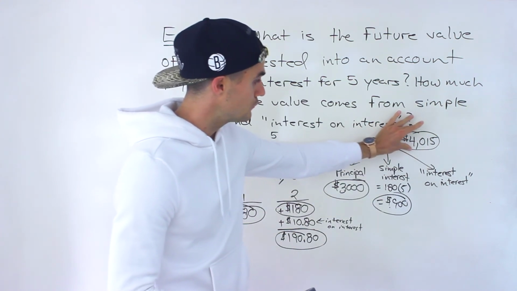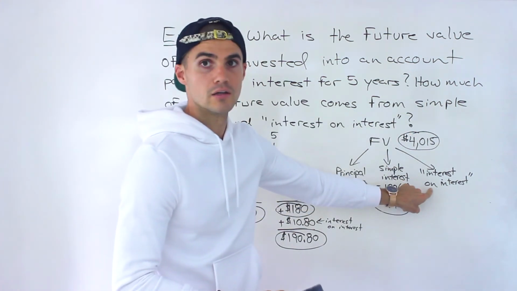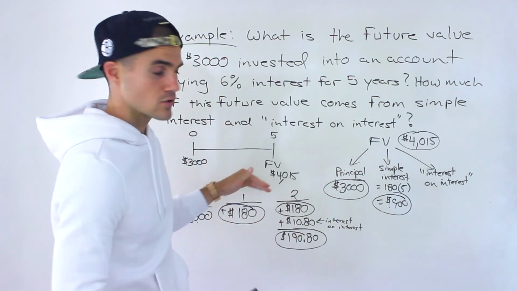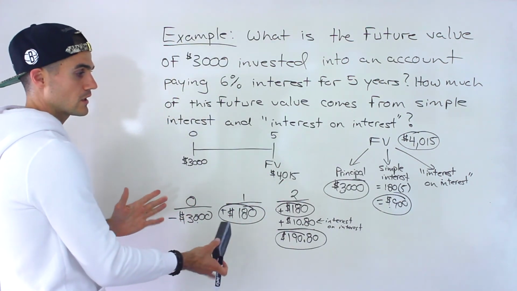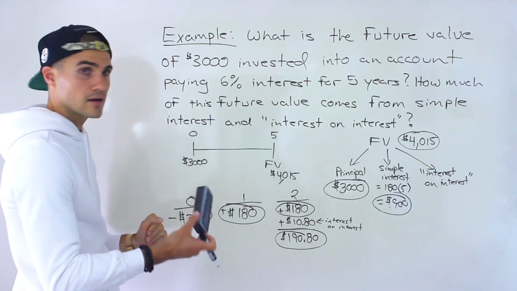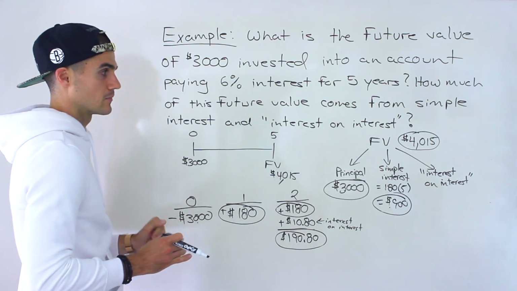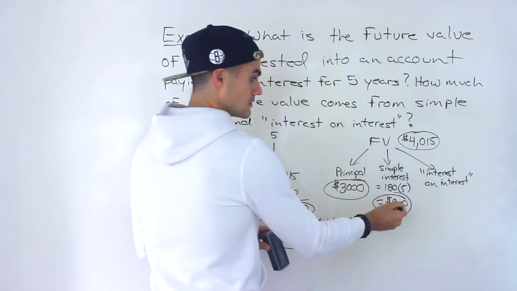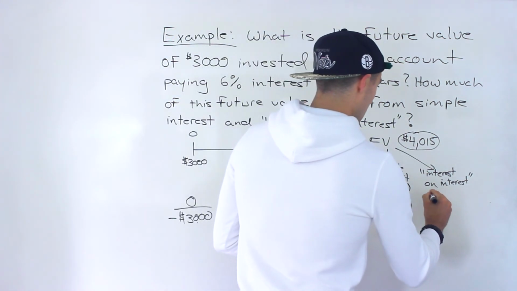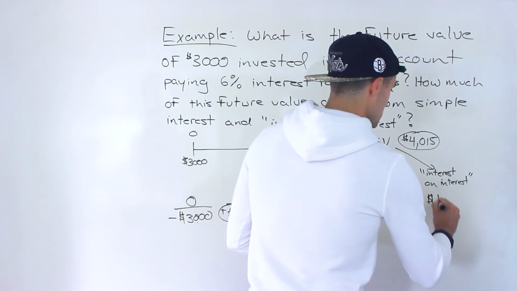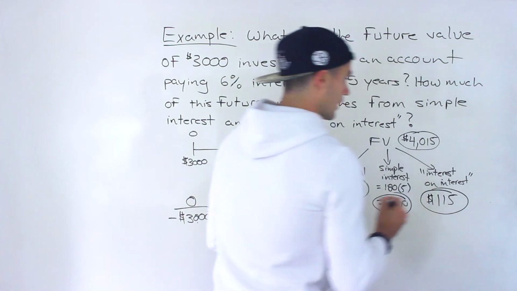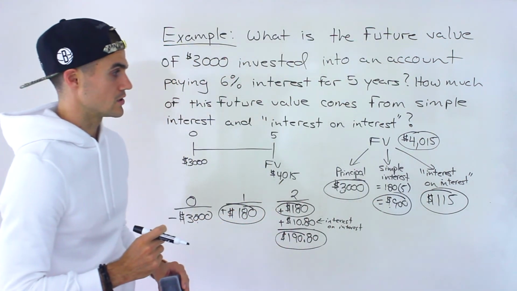Then you could take that new future value and subtract these two to get the interest on interest. So you don't have to do this manual process. I just wanted to show you it initially so you understand what is happening. And so 4,015 minus 3,000 minus 900 would give you approximately $115. And so that's the interest on interest portion.